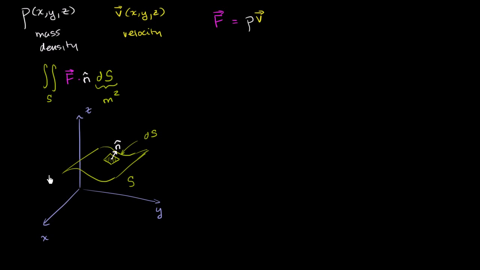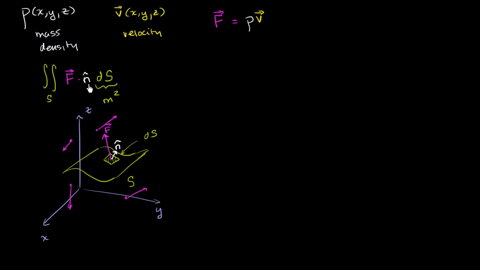And f is defined throughout this 3-dimensional space. You give me any x, y, z, I'll know its mass density, I'll know its velocity, and I'll get some f. At any point in 3-dimensional space, including on this surface, including right over here. So right over here, f might look something like this. So that is f right at that point. So what does all this mean? Well, when you take the dot product of 2 vectors, it's essentially saying how much do they go together.